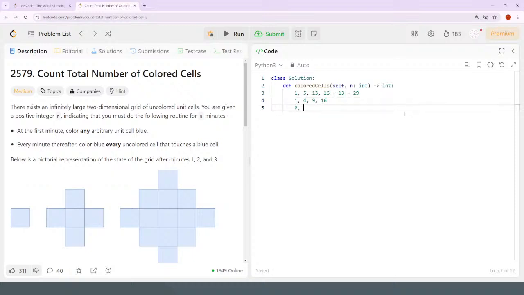So if you subtract that, that's 0, 1, 4, and 13. Okay, what's going on here? 13.